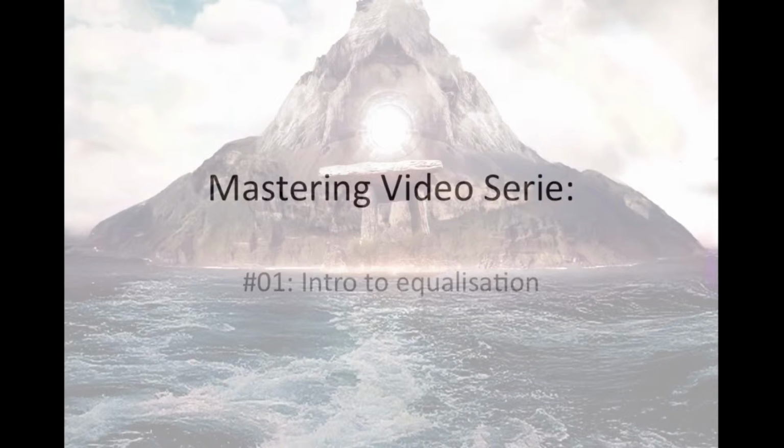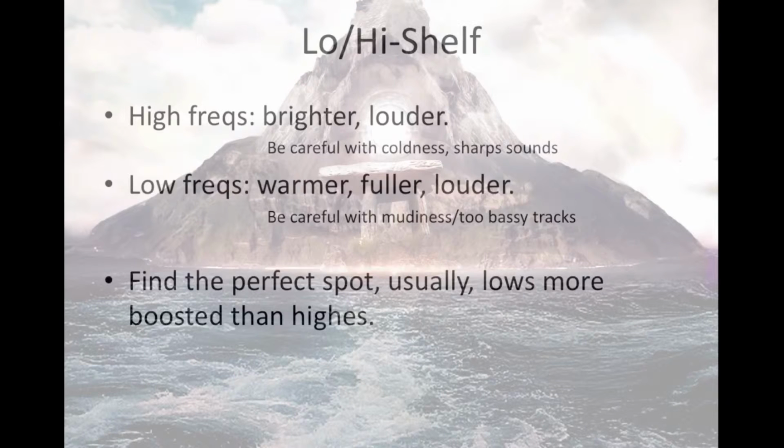So let's start immediately with the first two spots, which are the low and the high shelf, because these are the main spot frequencies that you will use for different reasons that I'm going to detail later.